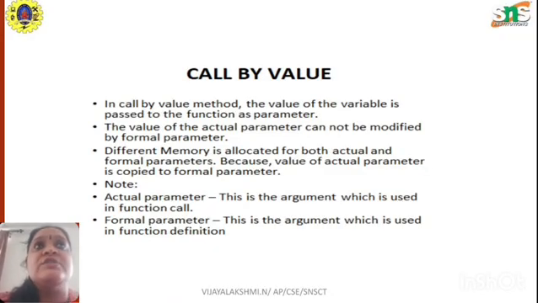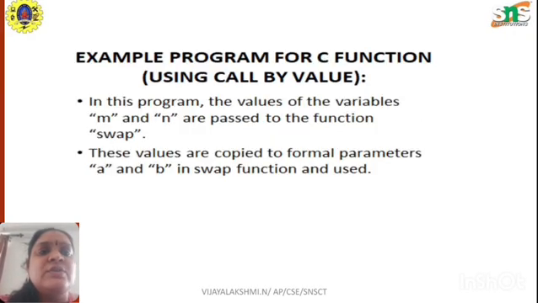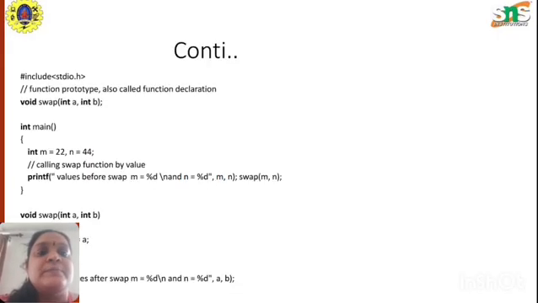That is, the copy is formal, and the actual parameter is the original value which you pass inside the call by value. So let me explain this program: swapping of two numbers using the call by value method, which is a very important program. In all the IA exams or semester exams, you can get programs like call by value or call by reference.